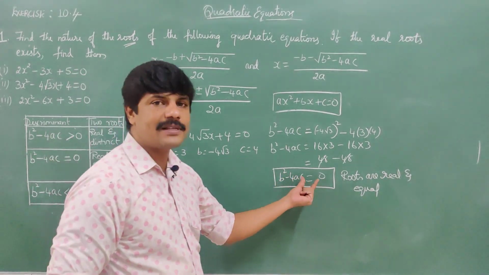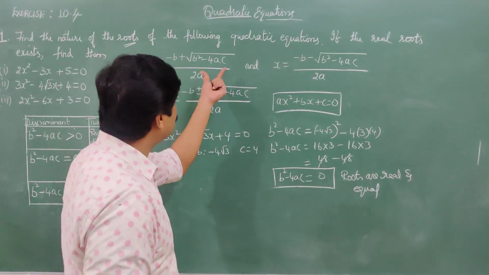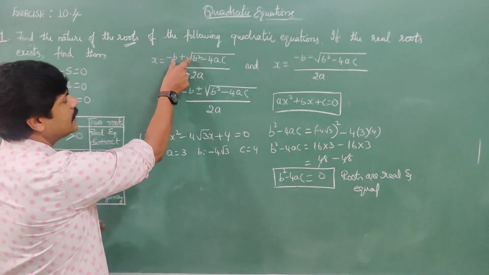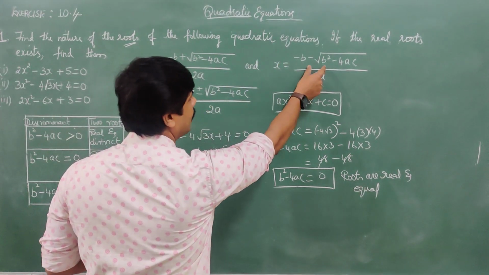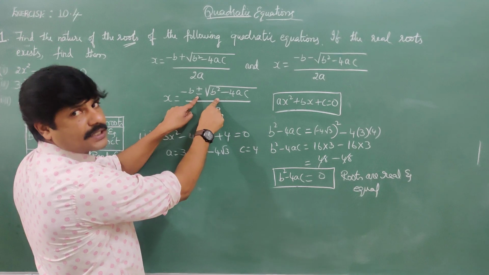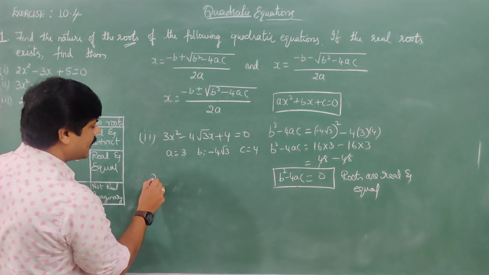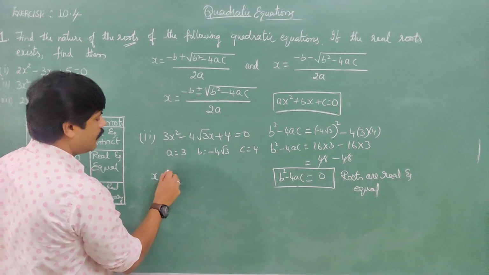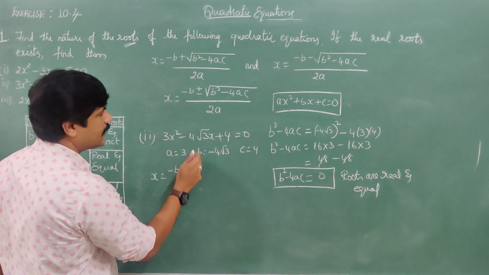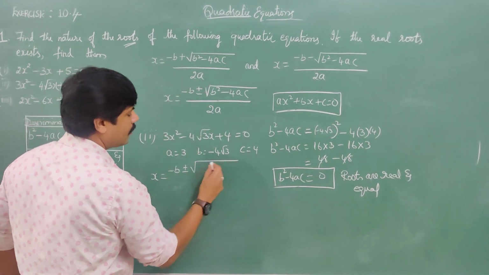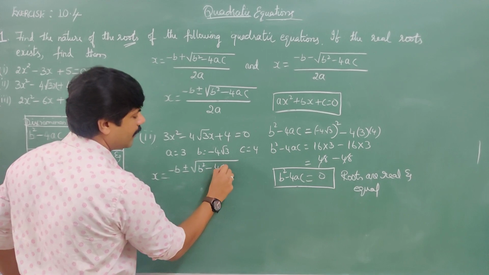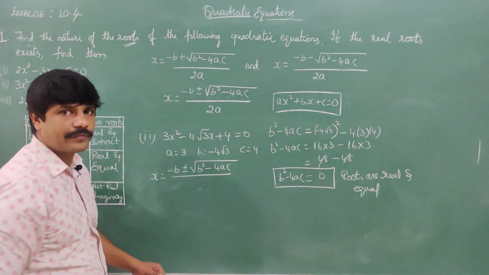Since b square minus 4ac equals 0, you have used this discriminant, now use the formula. Understand? So what is the formula? x is equal to minus b plus or minus root of b square minus 4ac, over 2a.